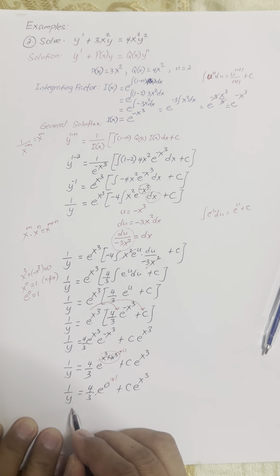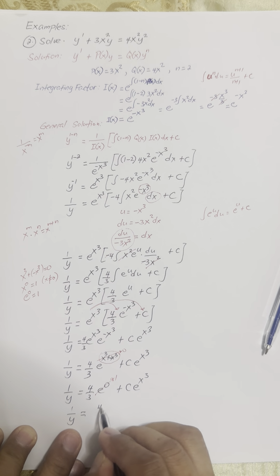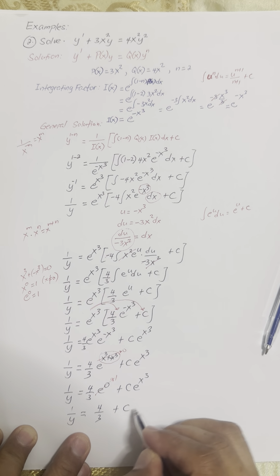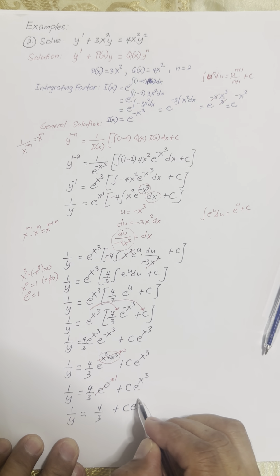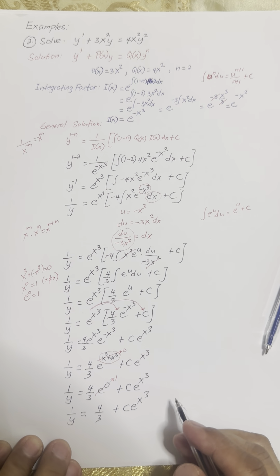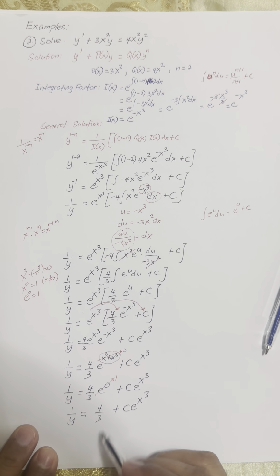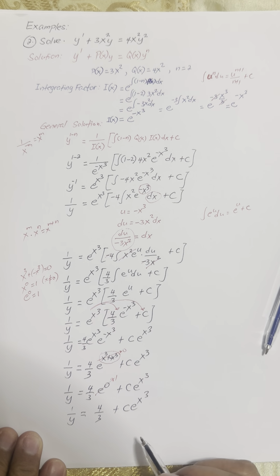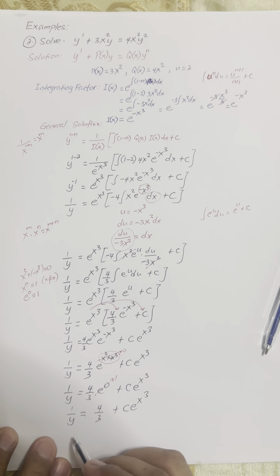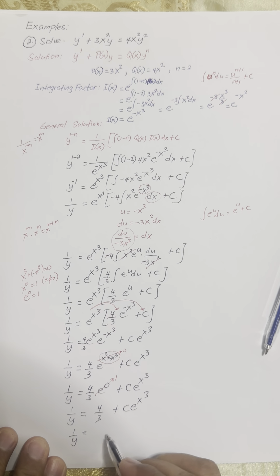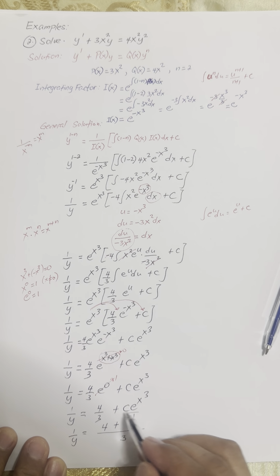So 1 over y equal to 4 over 3, then plus c times e to the x cubed. This can be your answer, or we can simplify this. 1 over y equal to, find the LCD here, which is 3. So this becomes 4, and plus, this is understood over 1, so 3 divided by 1 is 3, and times the numerator, we have 3c e to the x cubed.